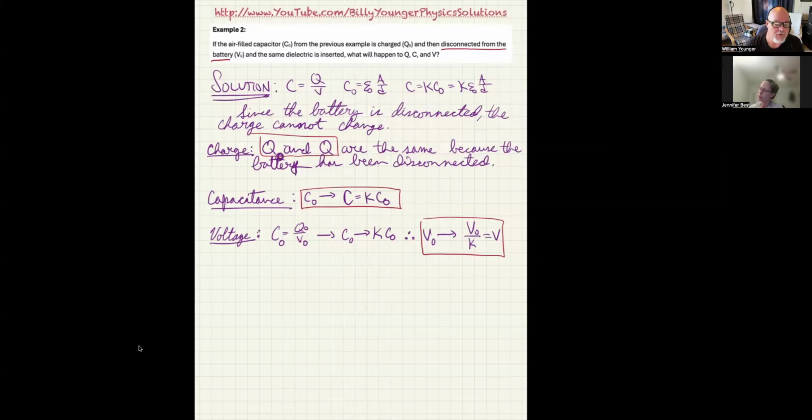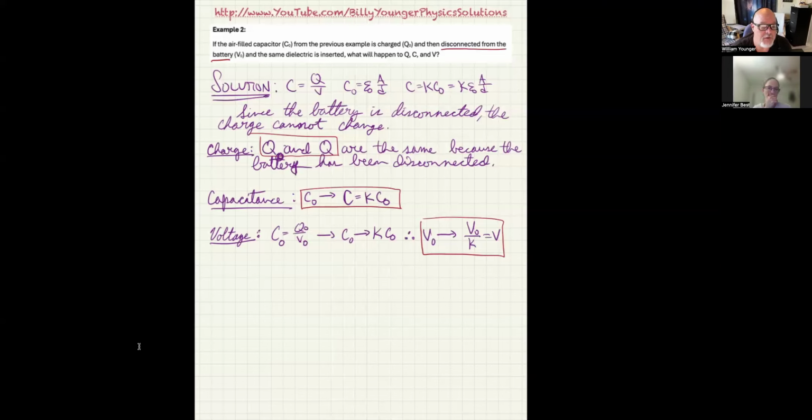And your book has a nice little sentence. I've highlighted it in my copy of the book, and I share that highlight so you guys are supposed to see it. I think it's at the top of page 706, there's a sentence that says the electric field in a dielectric is reduced by a factor equal to the dielectric constant, but the field in a dielectric or insulator is not reduced all the way to zero as in a conductor.